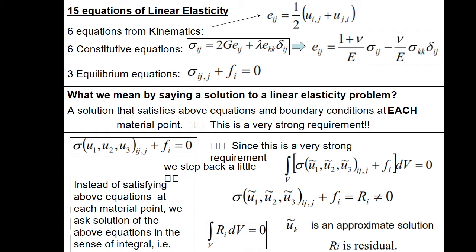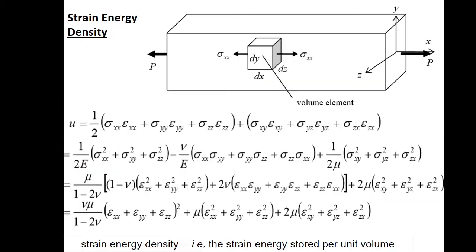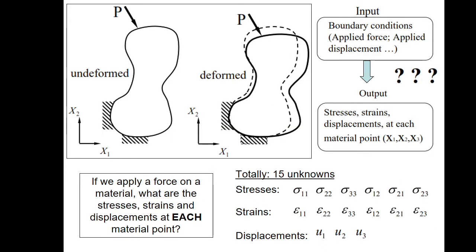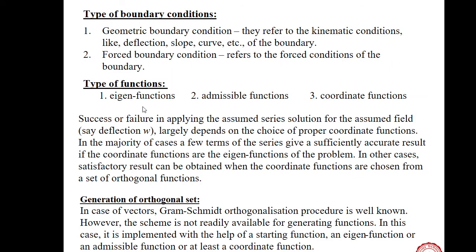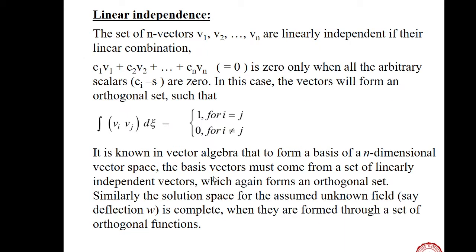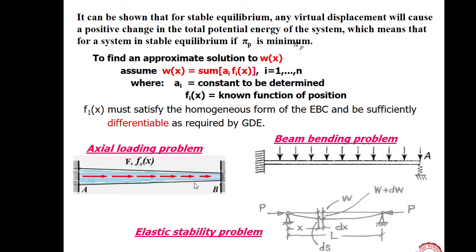When we are talking about selection of these functions, first thing is satisfaction of boundary condition, that part is there. The second part is generation of orthogonal set, that is also we have discussed. And there is one additional requirement, that is these functions, they must satisfy the governing differential equation also.